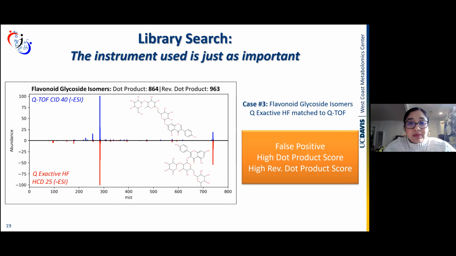So the MS/MS that's produced for these isomers is going to be very similar. Therefore, you're going to have a false positive, in the sense that your match is not good even though the scores indicate that it is.